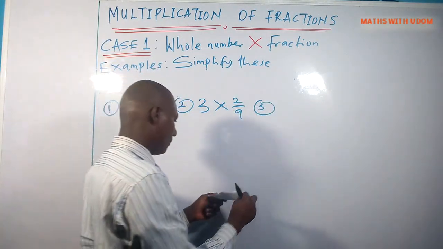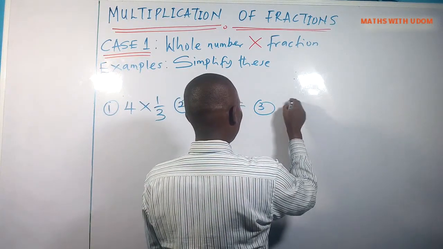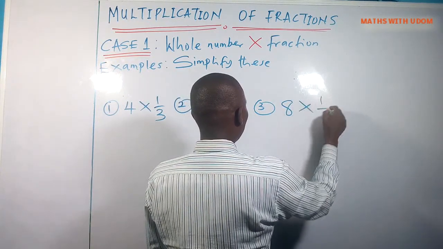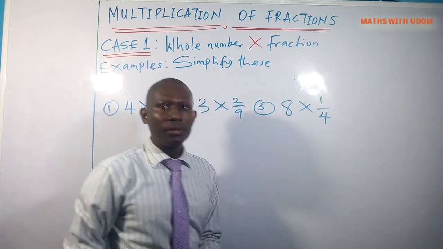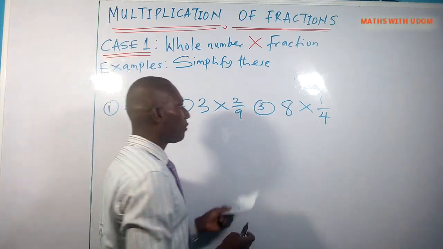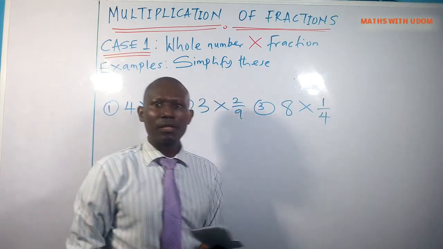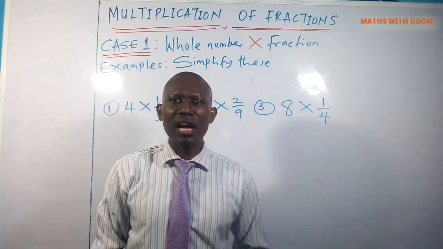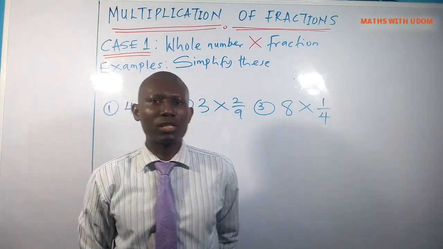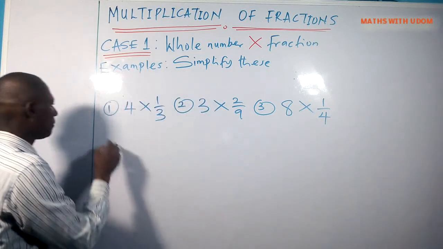And lastly, 8 times 1 over 4. So these are our examples for today. So let's start with the solution.